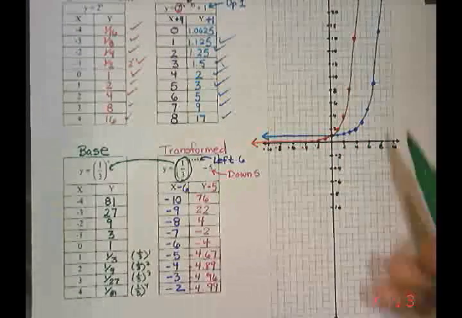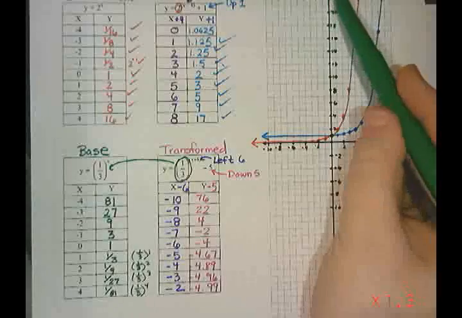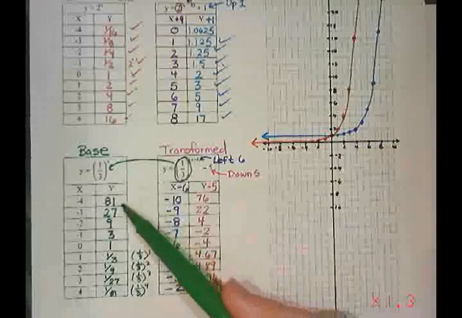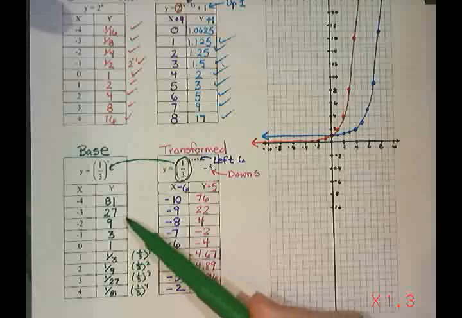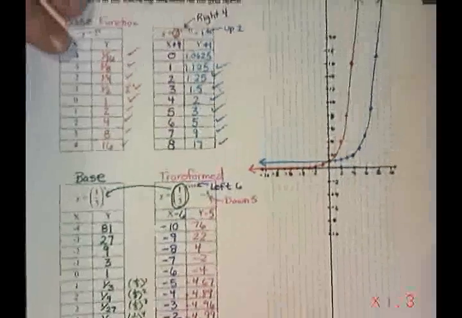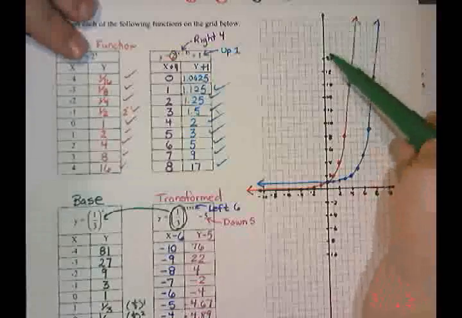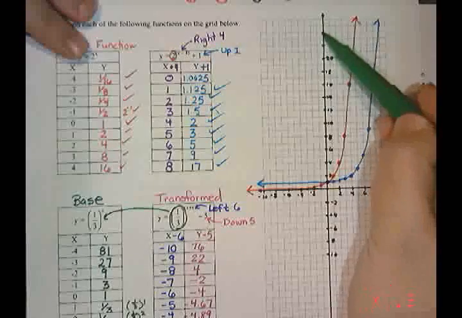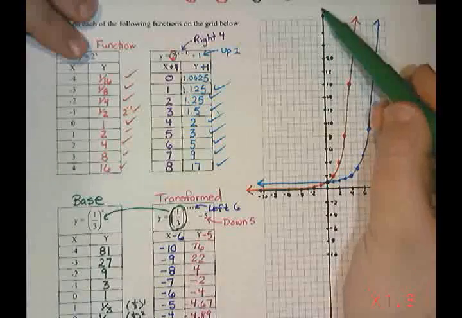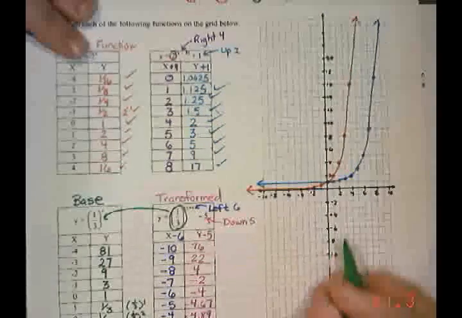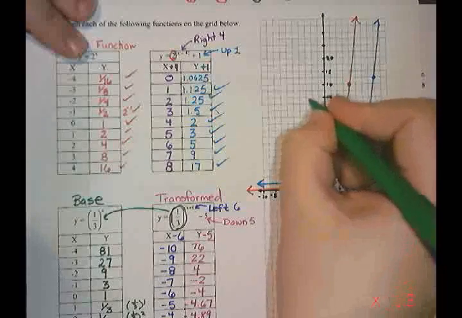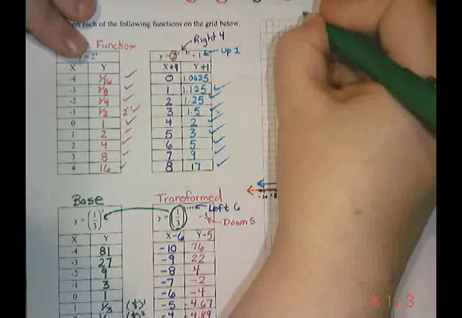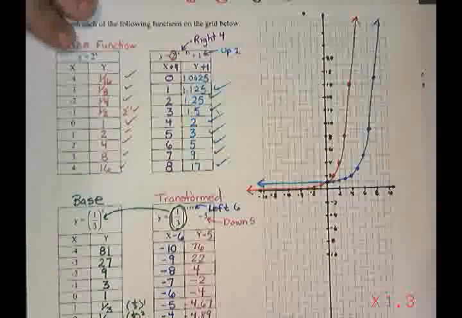My graph really only goes to about 26. Now 27 would not fit, but it is the line just above my grid, so I could probably find one square past that. So at negative 3, I'm going to go one square above for my 27.